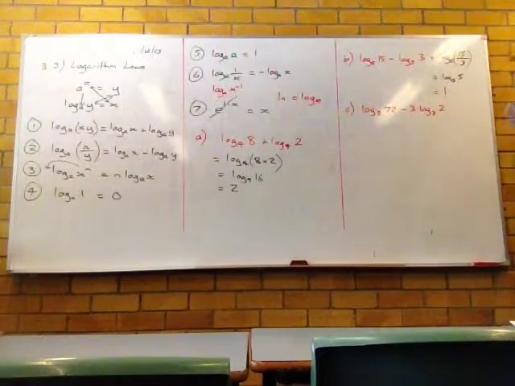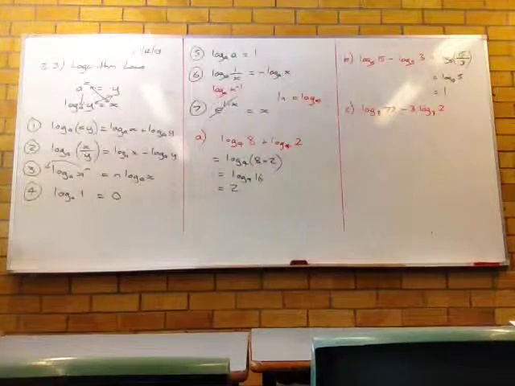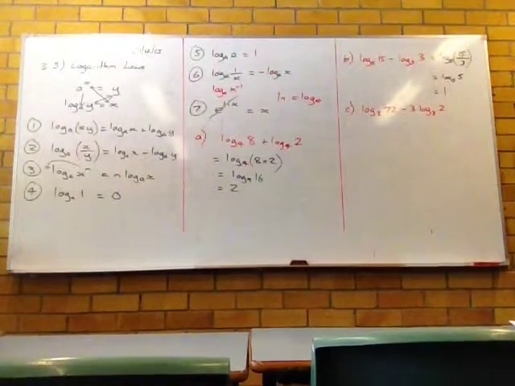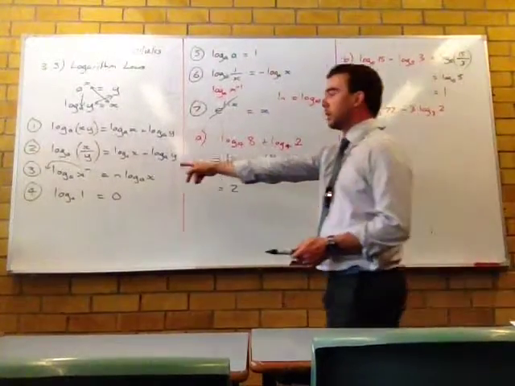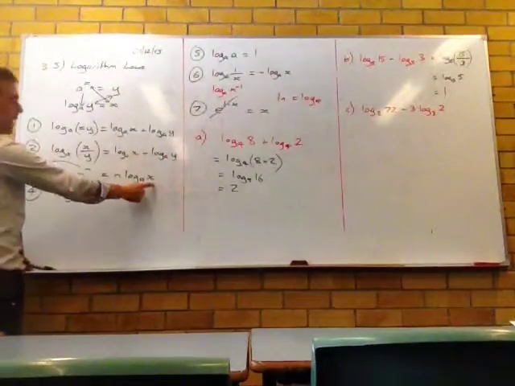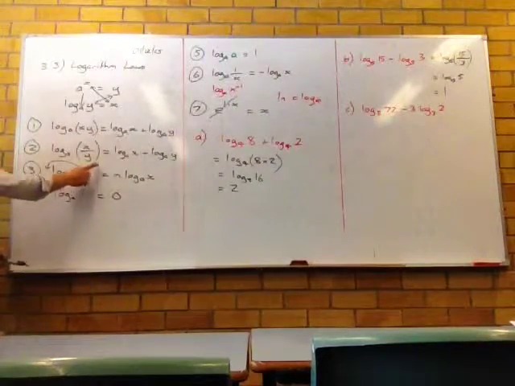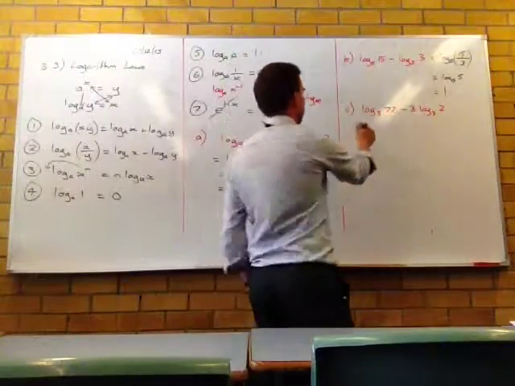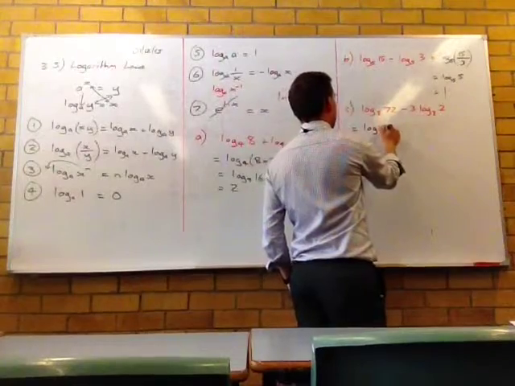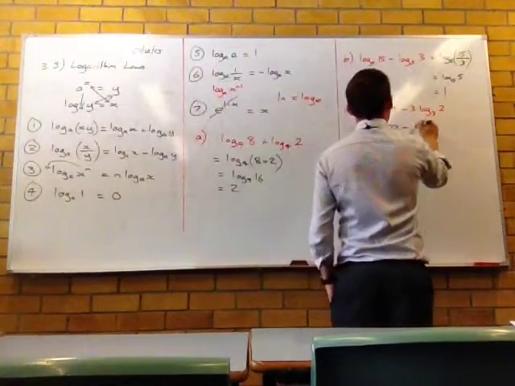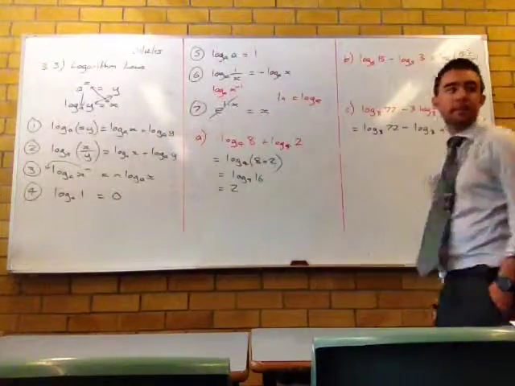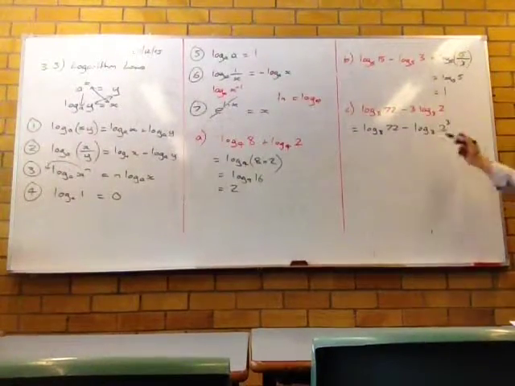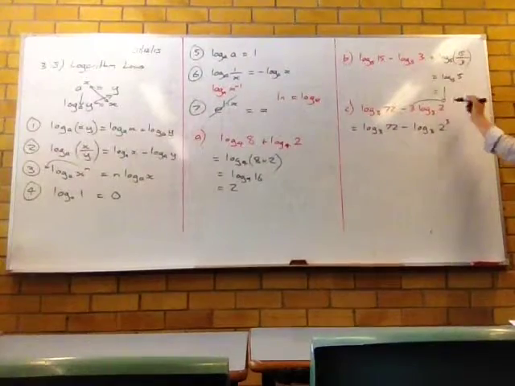So what can I do with that 3? Put it up for the power of 2. So you're applying this rule here: n log base a of x becomes the log base a of x to the power of n. So log base 3 of 72, take away log base 3 of 2 to the power of 3.